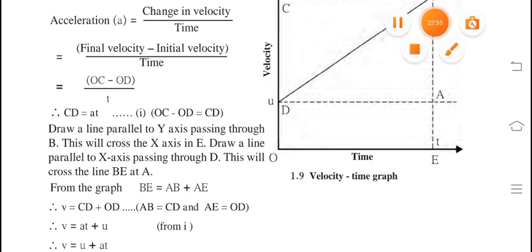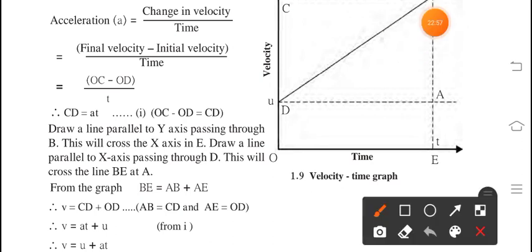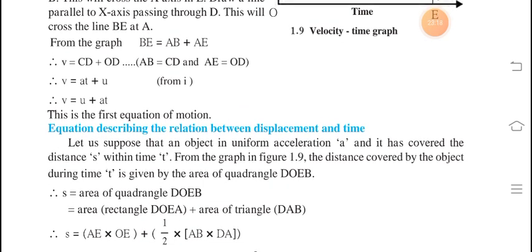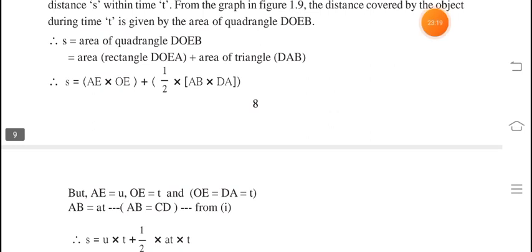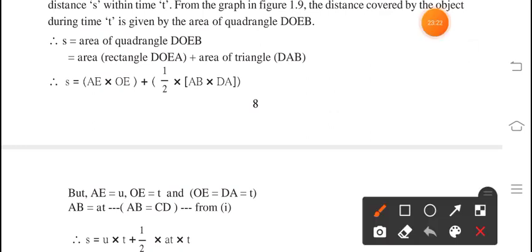What is AE? You can observe here, this is exactly parallel to distance OD, which I explained in the last figure. OD is the initial velocity, right? So for initial velocity we always use u. Hence instead of AE we can also use u. So AE is equal to u. Now what is OE?